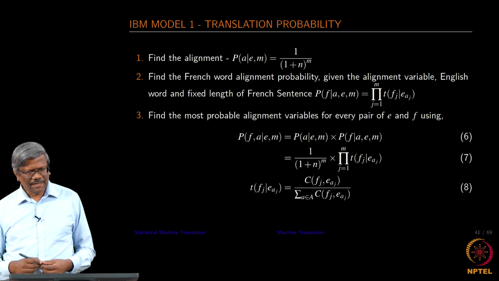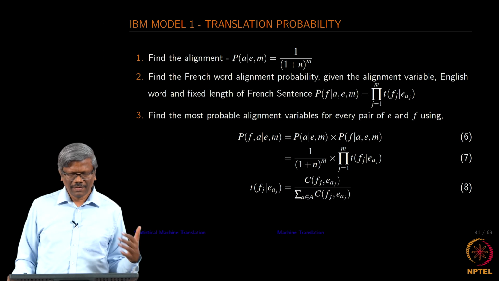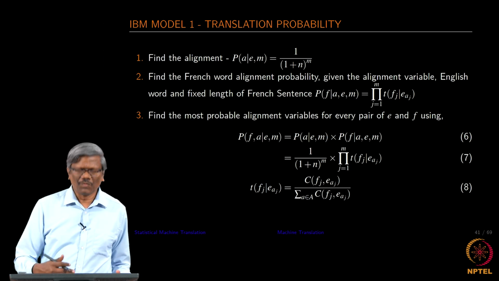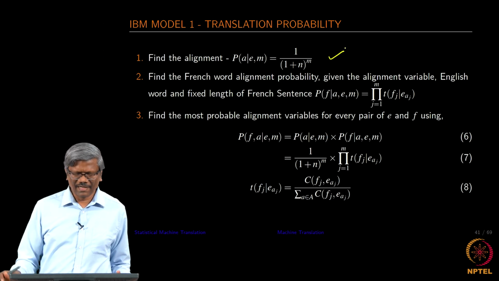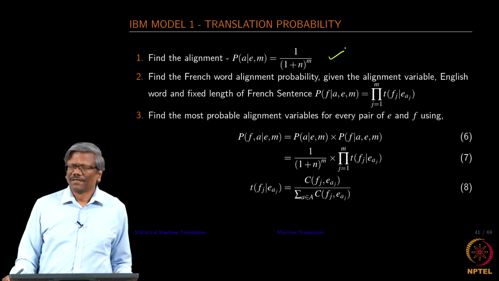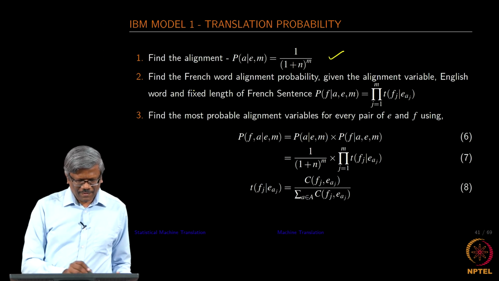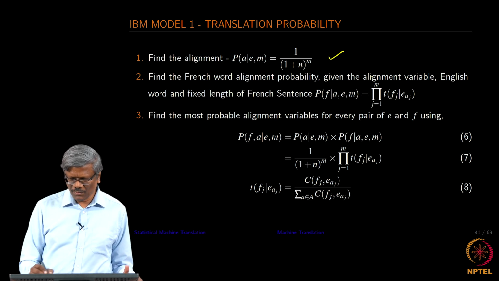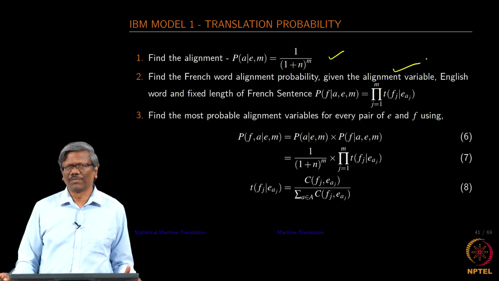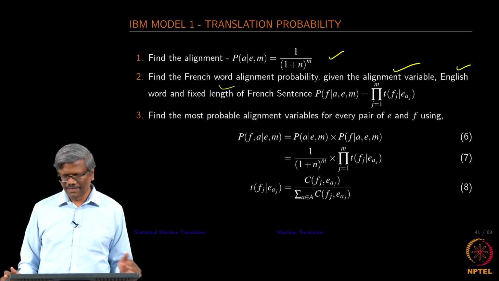Okay. So, once we have done this, the translation probability can be computed based on what you are going to be describing here. Okay. So, we know that the alignments are equally likely, right, and then to find the French word alignment probability, what do you need? You have the alignment variable, you have the English word, and then you have the fixed length of the sentence.